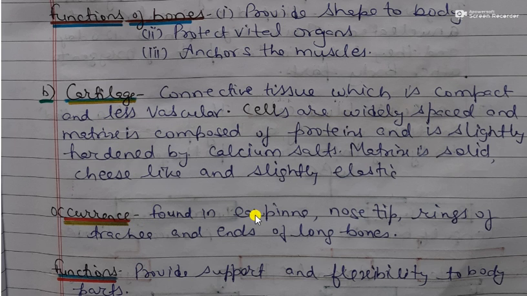Cartilage is found in the ear pinna, which is our external ear, tip of nose, rings of trachea, and on the ends of long bones. Now the function of cartilage is to provide support and flexibility to the body parts.